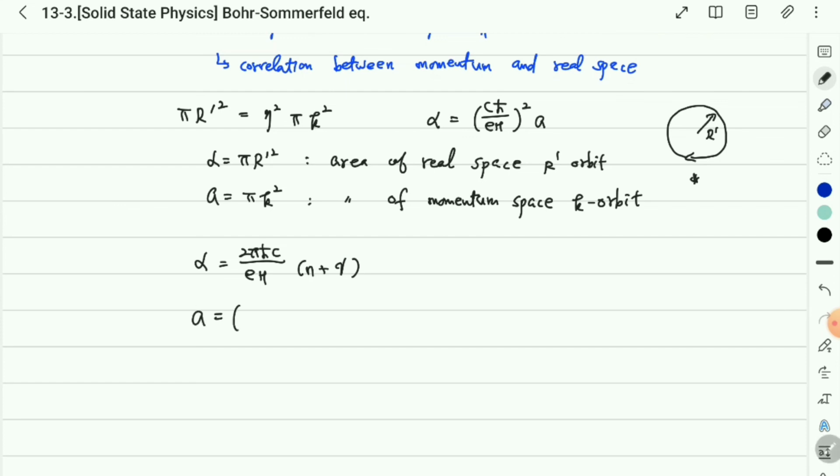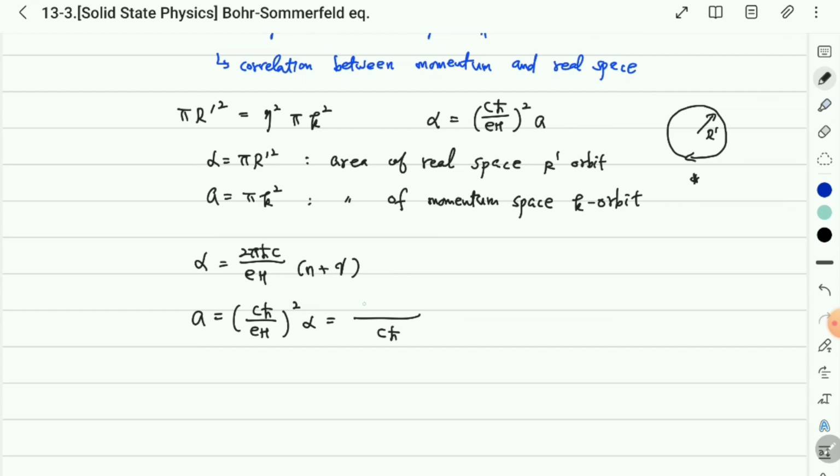It is that c h bar over e h square alpha is, here, c h bar and alpha 2 pi.